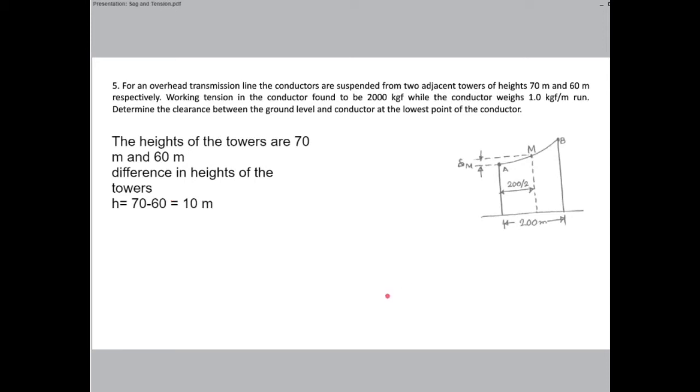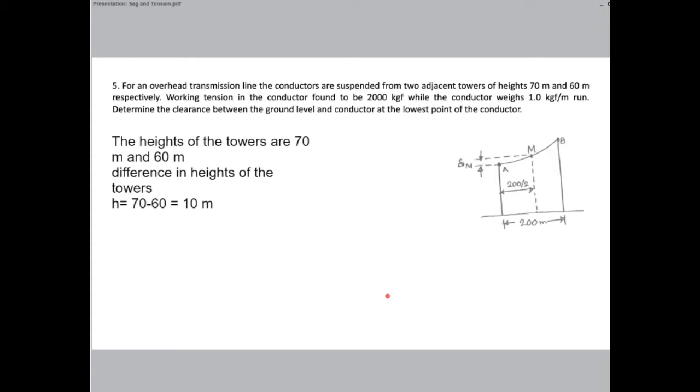That H is required because we have an equation when we have conductors suspended between towers of different heights, that H is related there. So that is that H we have, 10 meter. Now, what else we have?